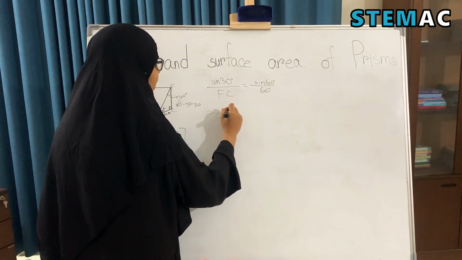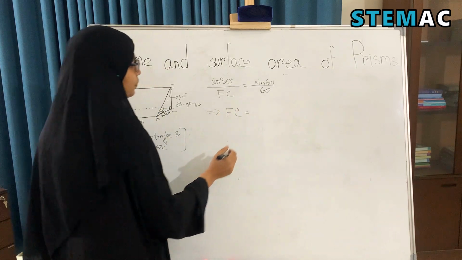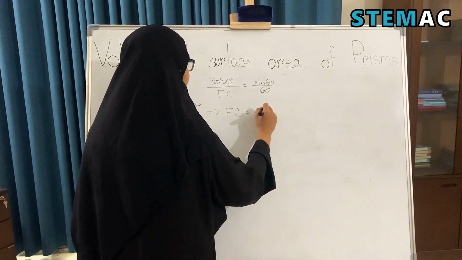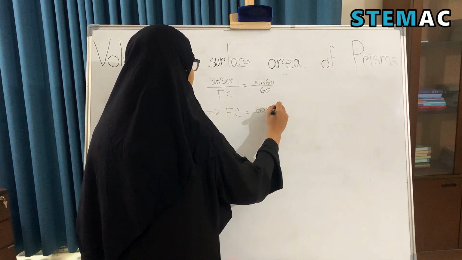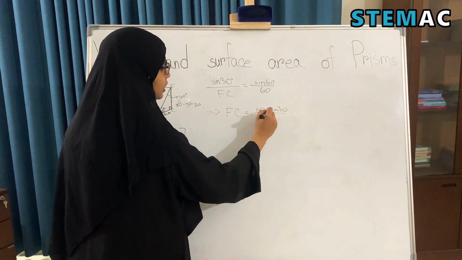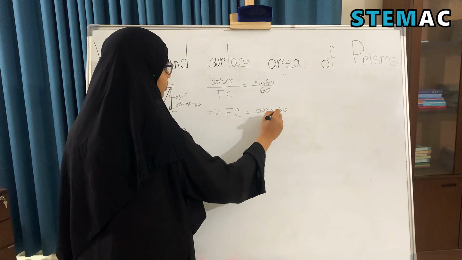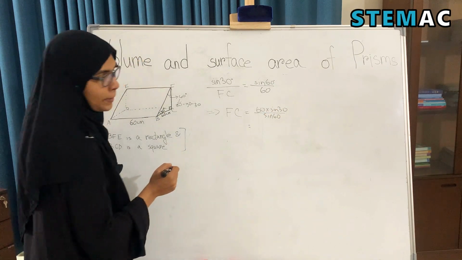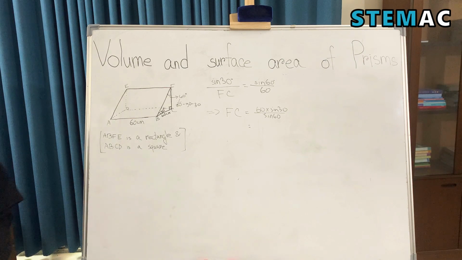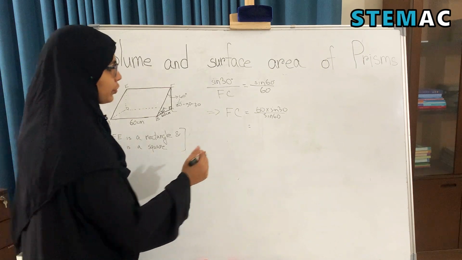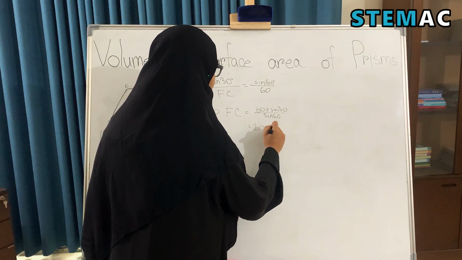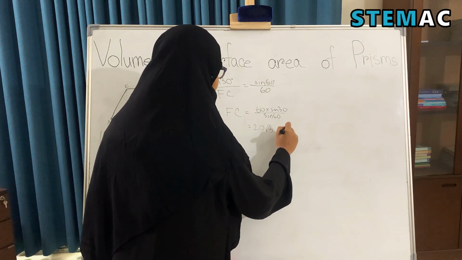Now we get FC equals 60 sine 30 by sine 60. This gives us 20 root 3 centimeters.